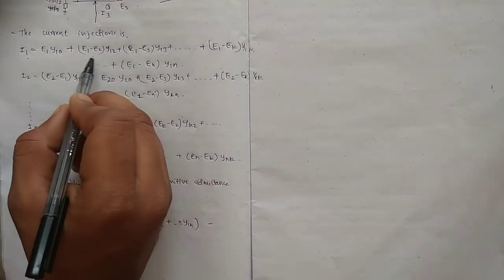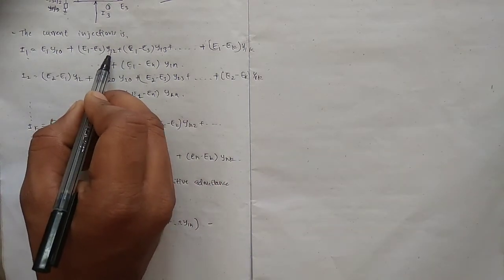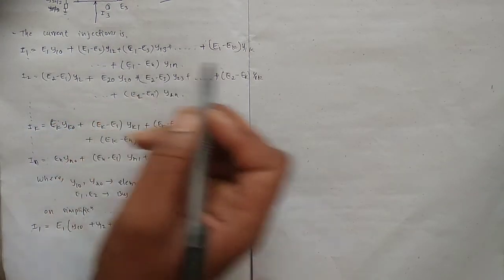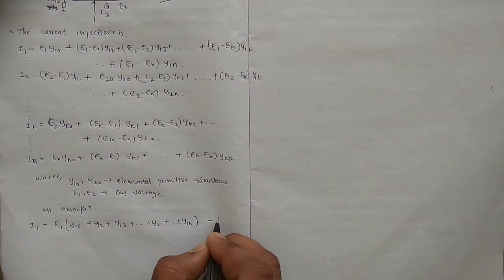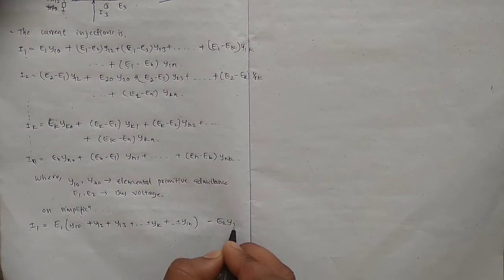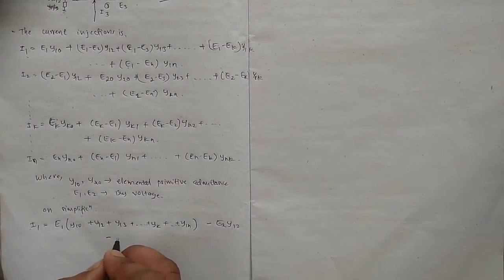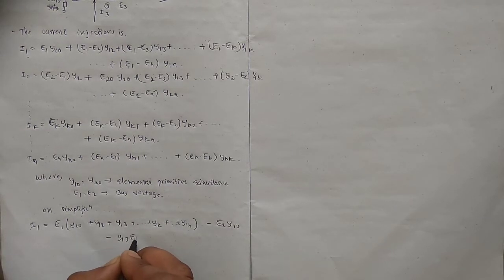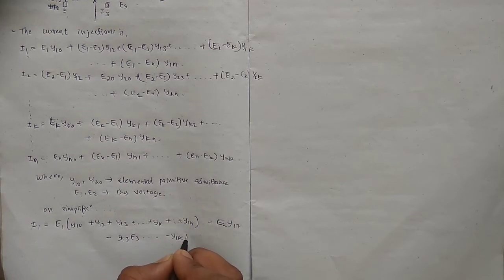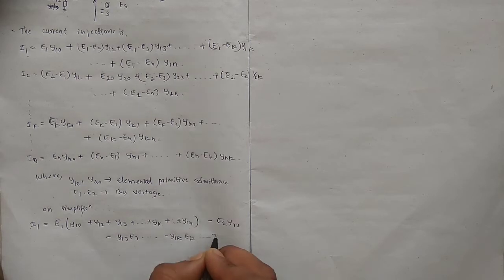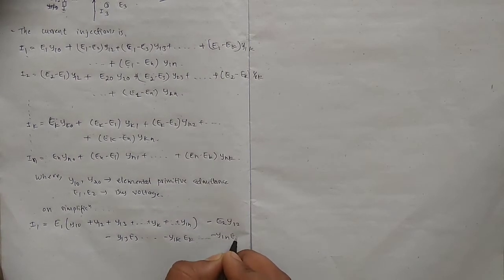Minus, we are left with minus E2 into Y12, minus E3 into Y13, and so on, minus Ek into Y1k, and so on, minus En into Y1n.